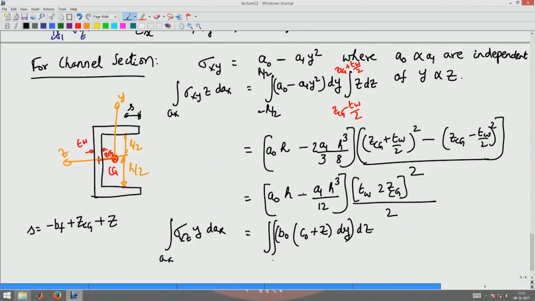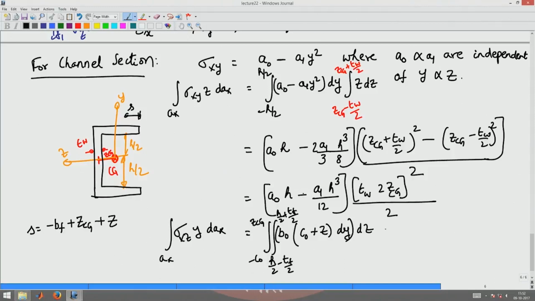dz, wherein this y is from minus h by 2 plus Tf by 2 to h by 2 plus Tf by 2, and Z is from minus C naught to ZCG. Okay.